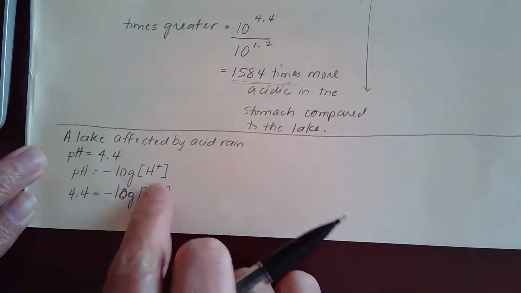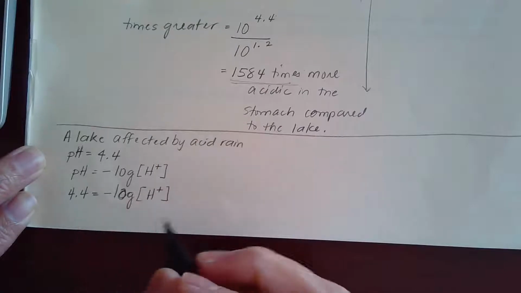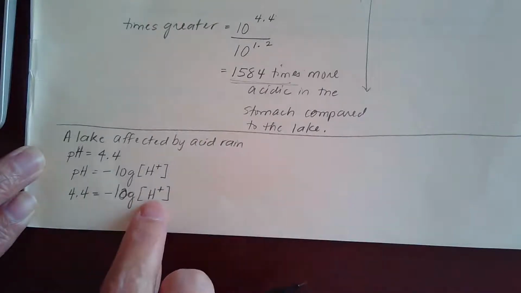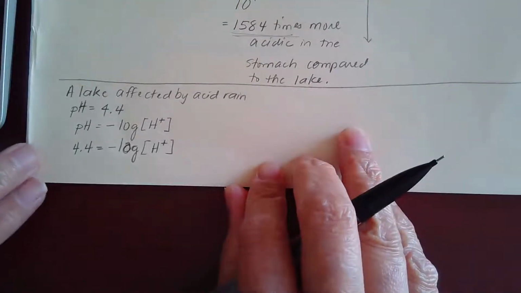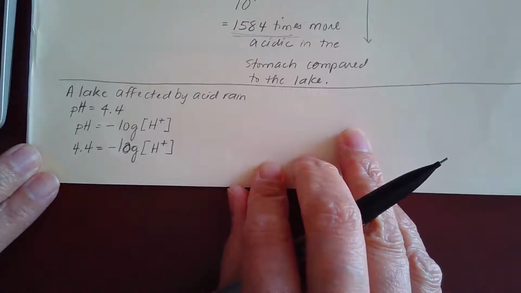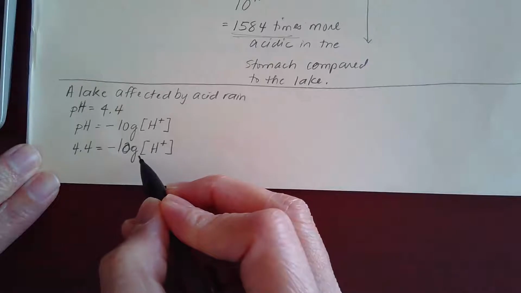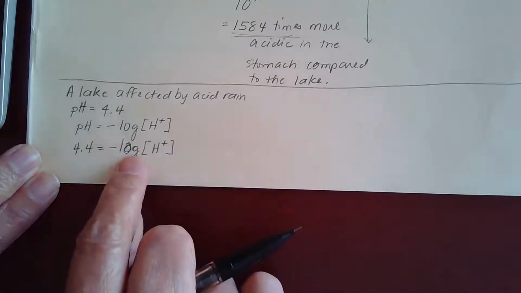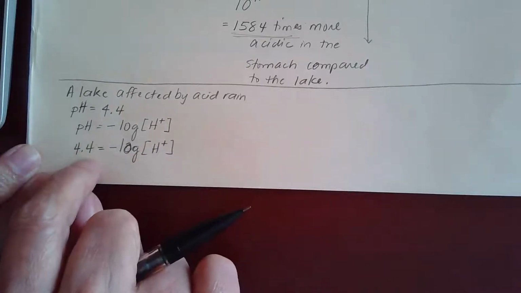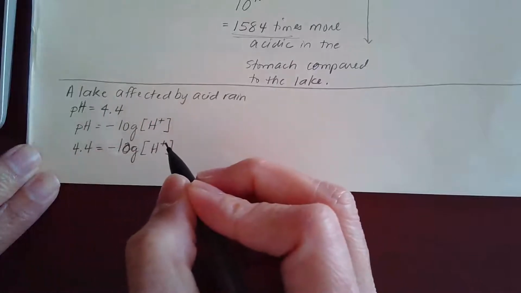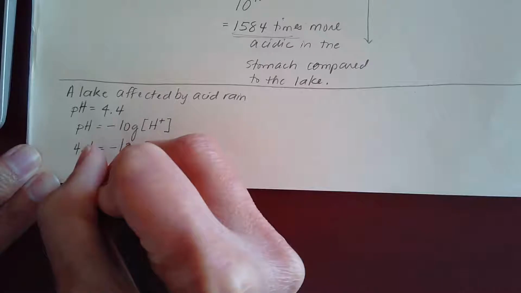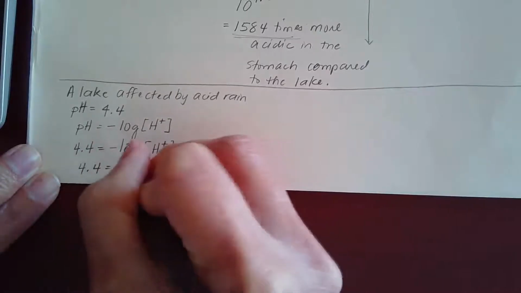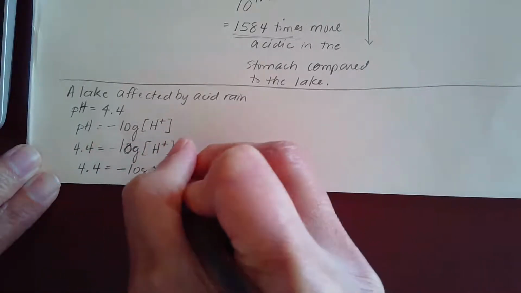Now, how do we figure this out? We can replace H plus with x if you want. We're going to now change the logarithm into exponential form. Let's write it like this. So 4.4 equals the negative log of x.